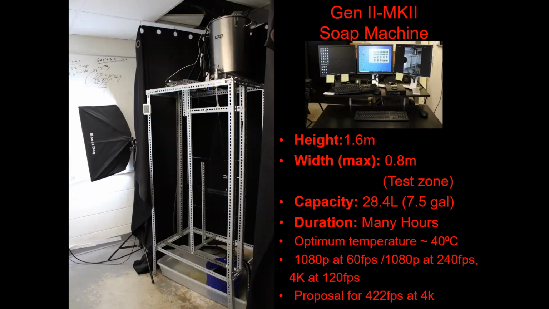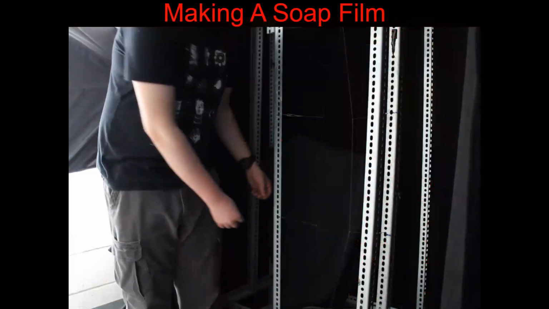We also have a collecting tank at the foot of the system, which recycles the soap film back into the tank. There's a heater that gives us an optimum temperature of about 40 Celsius, and we get images at about 1080p at 60 frames per second, upgraded to 1080p at 240 frames per second. And we are hoping to get up to 422 frames a second at 4K with a proposed upgrade.